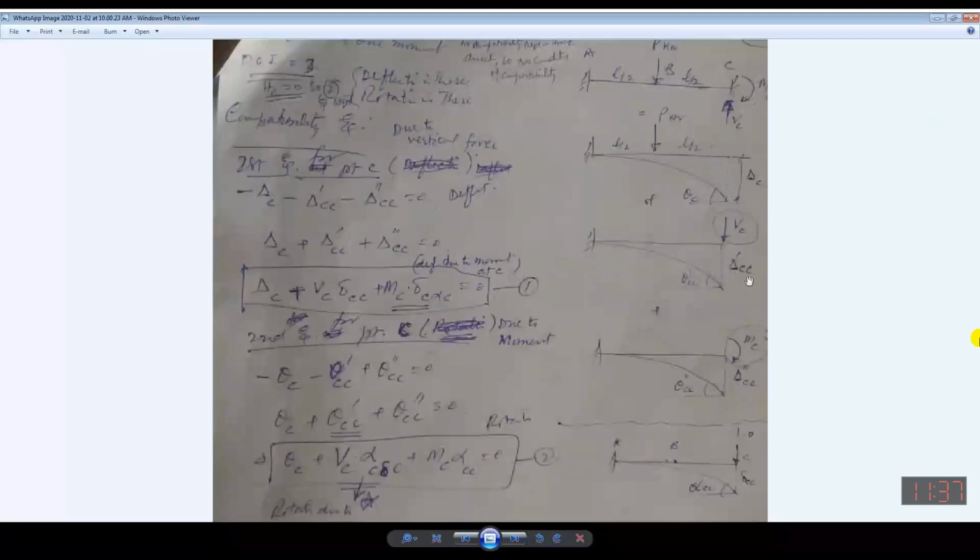This is one equation. Why? In this step, this is a stable structure, so according to the rules of mechanics, it should be considered on the same lines as is available to us.